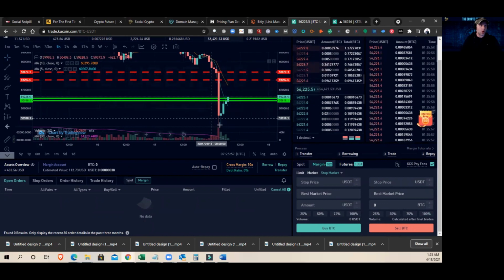This big long candle downward, that is people getting liquidated. That is when the altcoins and ETH all dropped off too. And you have to ask yourself, why did altcoins and ETH get affected by Bitcoin dropping? Well, that's actually pretty simple. Firstly, if you're on margin, that means you have to have something as collateral.